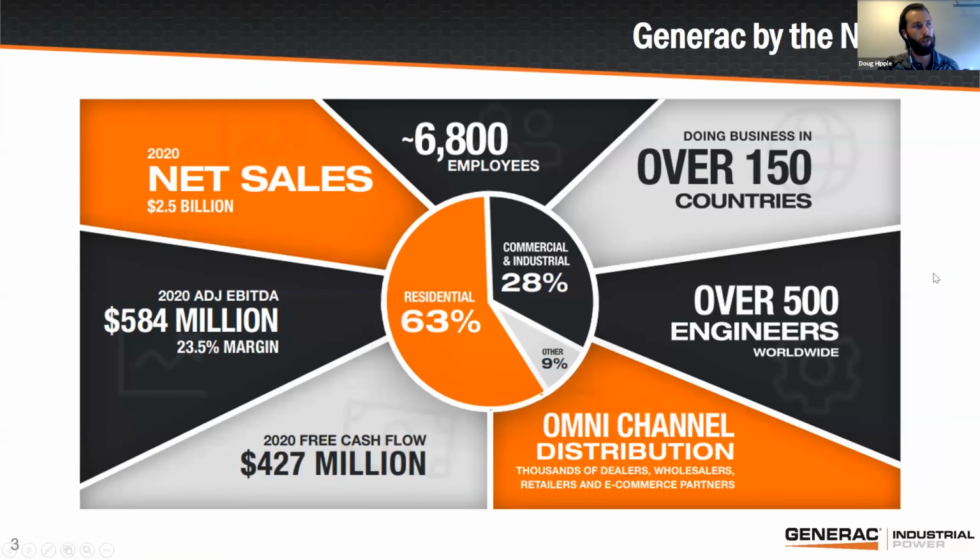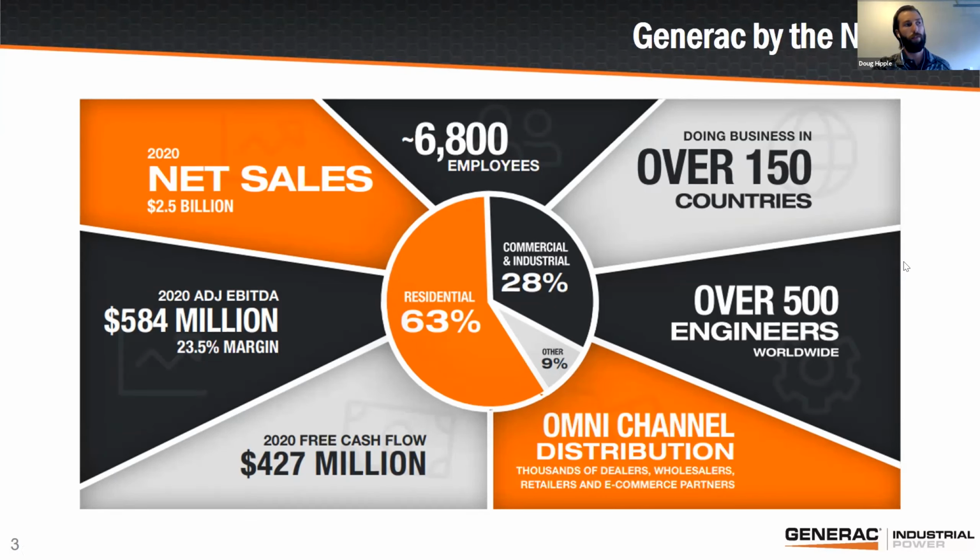So Generac Power Systems, we're a publicly traded entity. We were founded in 1960. We're headquartered in Waukesha, Wisconsin, and we have a little under 7,000 employees worldwide. The bulk of our business and what we're really well known for are smaller residential generators that go outside of homes or small businesses.